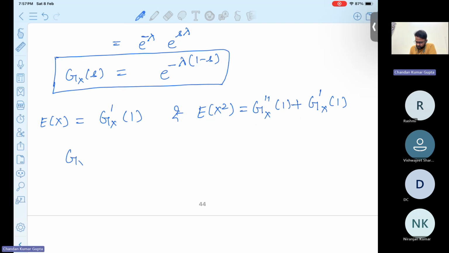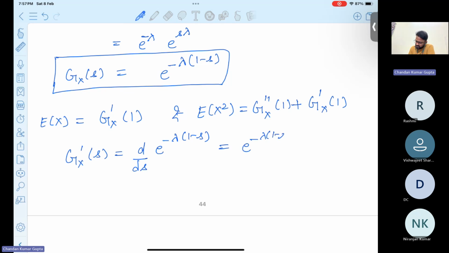So G X prime of S comes out to be e to the power minus lambda times 1 minus S, and then lambda S is also there.